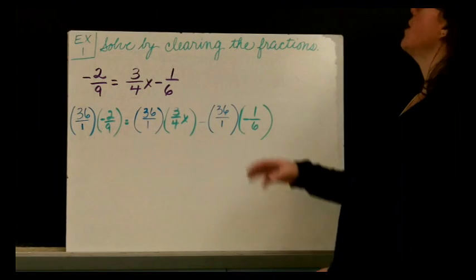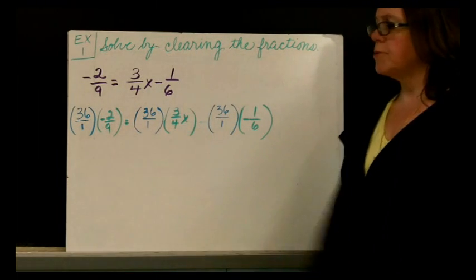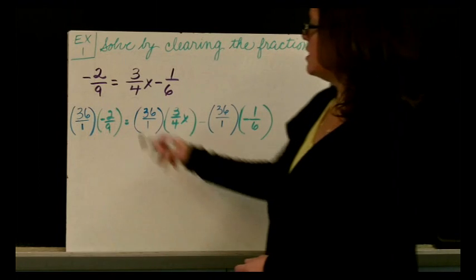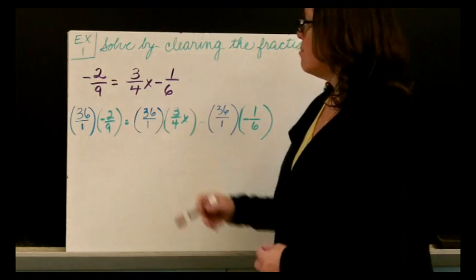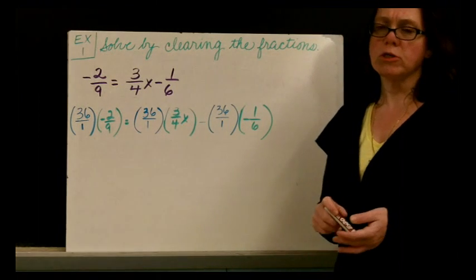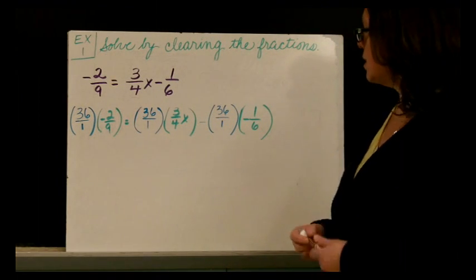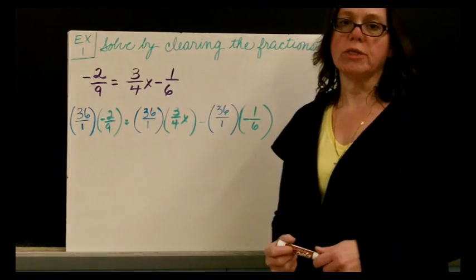And it's important that you recognize that when it says solve by clearing the fractions, you absolutely must follow this method. So our original equation is this: negative 2/9 equals 3/4 x minus 1/6. Now, if you look to your steps that you just copied, the first step is to find the LCD, which for 9, 4, and 6 is 36.